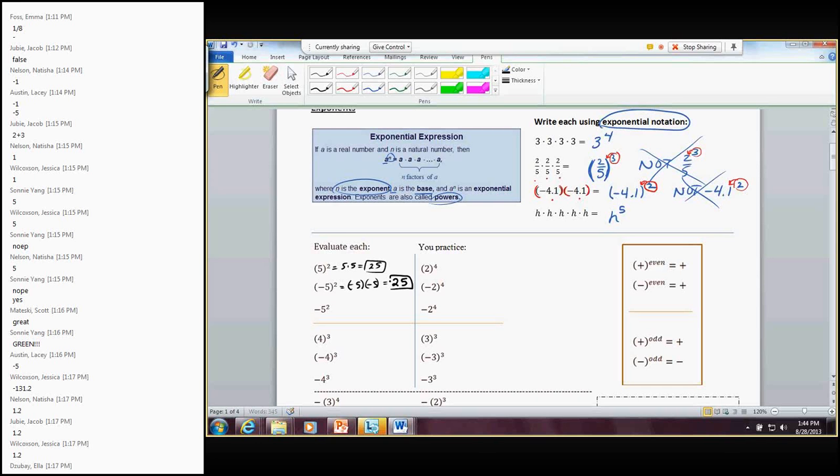Positive. Okay, now look at this next one. This 2 only sees the what? 5. So it's really saying the opposite of 5 squared. That is different. So this is the opposite of 25, which is negative 25.